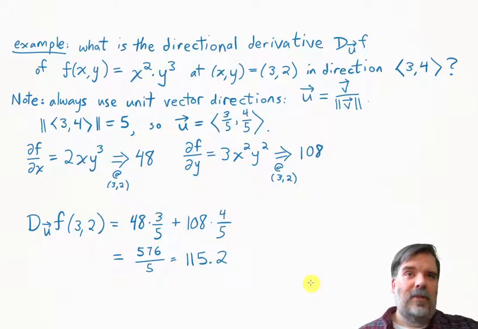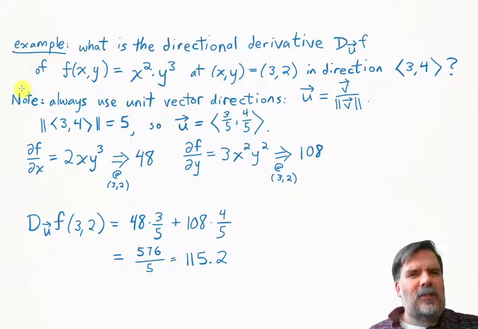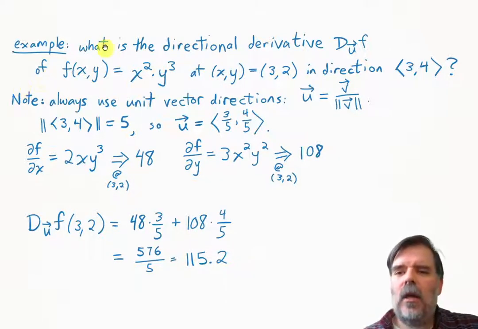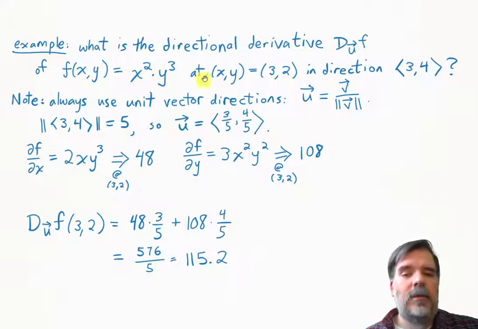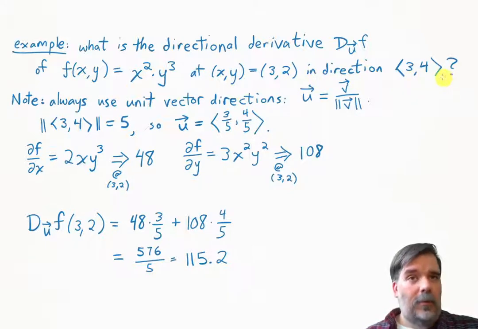Now let's put this theoretical knowledge to use and do an actual exercise. What's the directional derivative of f(x,y), the multivariable function, x squared times y cubed, at the point (x,y) = (3,2) in the direction (3,4)? Before we begin, as a standard, we're always using unit vectors for directions, and this vector (3,4) is not a unit vector.